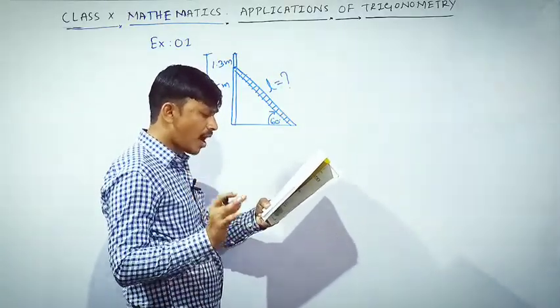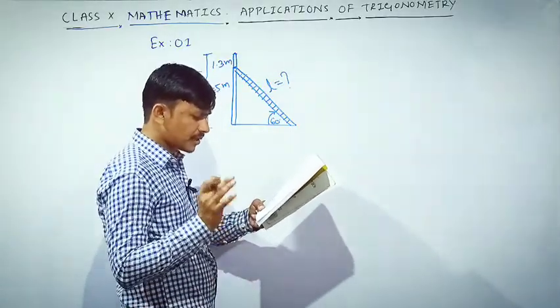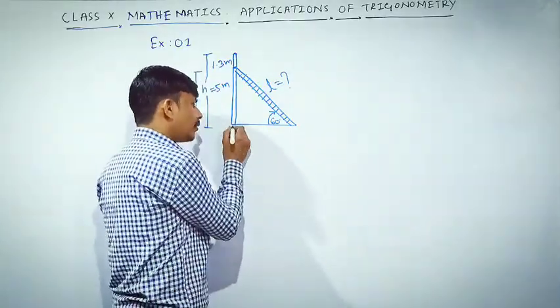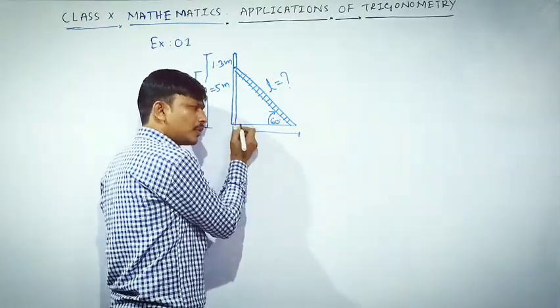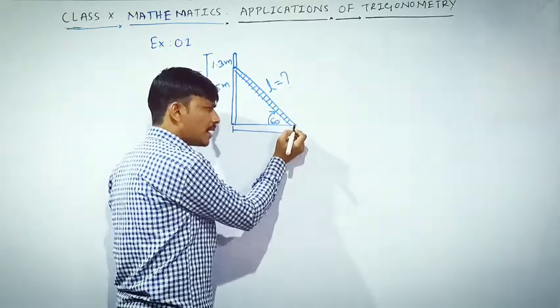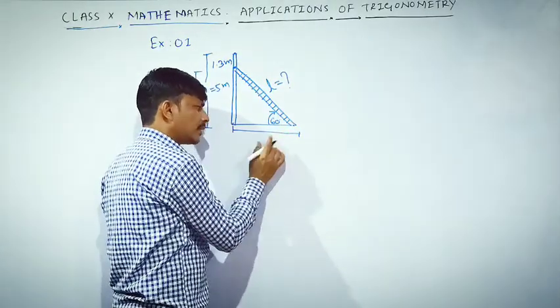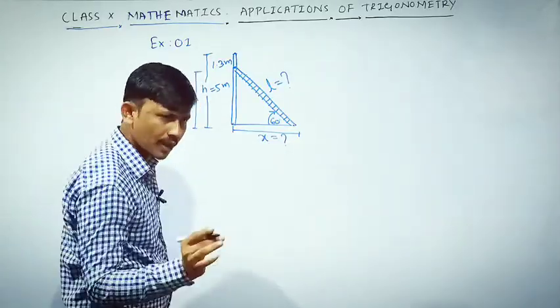Also, how far from the foot of the pole should she place the foot of the ladder? We also need to find out the distance between the foot of the pole and the foot of the ladder. This is the foot of the pole, this is the foot of the ladder. Let us consider this one as x is equal to question mark. Understood?